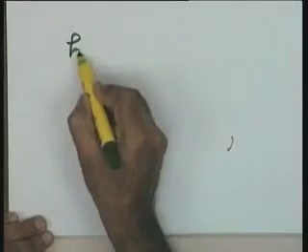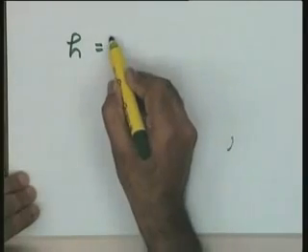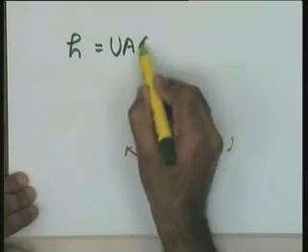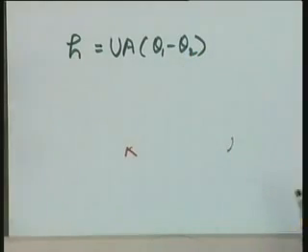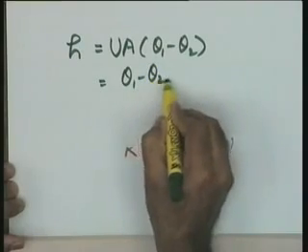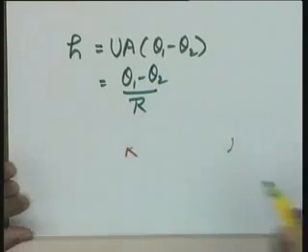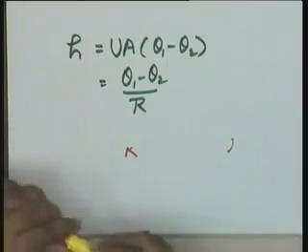Now, the other way the heat transfer takes place is at the liquid solid interface. At the liquid solid interface, my heat transfer equation will turn out to be of this nature: H equal to U A into theta 1 minus theta 2. Again, I will view this equation as theta 1 minus theta 2 divided by R. Look at the basic parameters of the system.